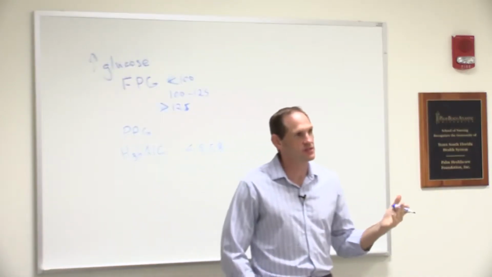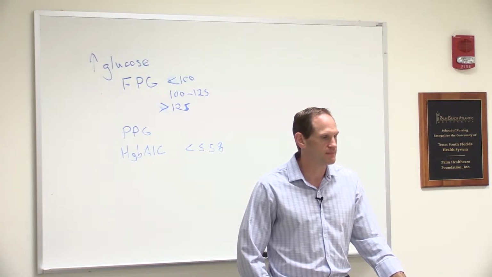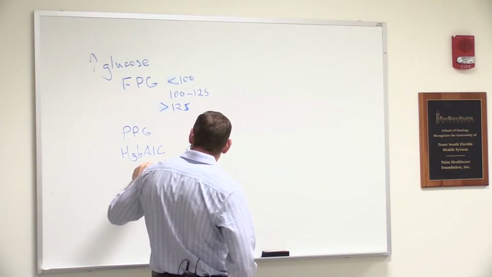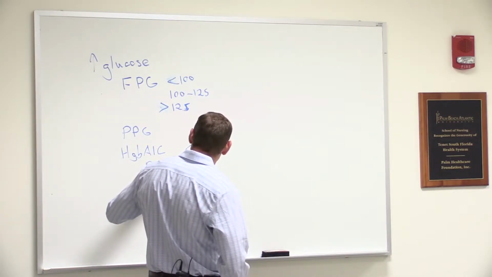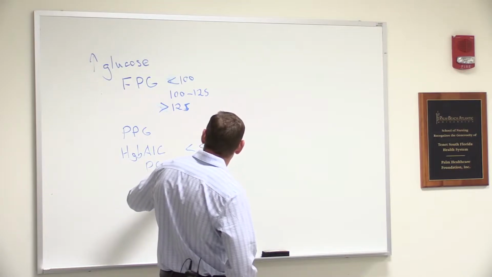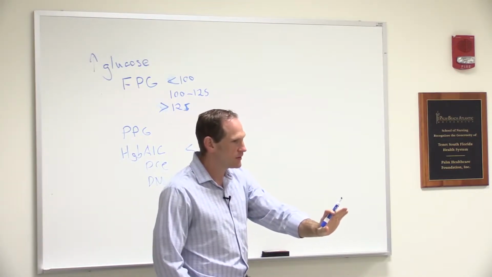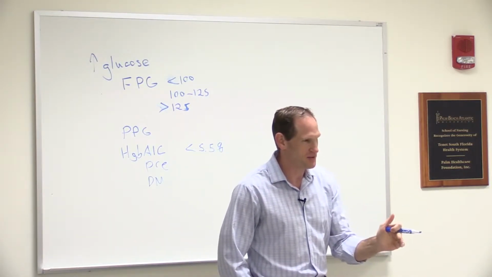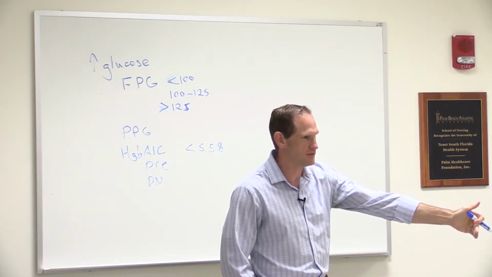And then I want to say 6.5% is considered diabetes. So you've got normal, and then you've got your pre-diabetes, and then your diabetes. So you don't have diabetes if your hemoglobin has never been above 6.5. Does that make sense?